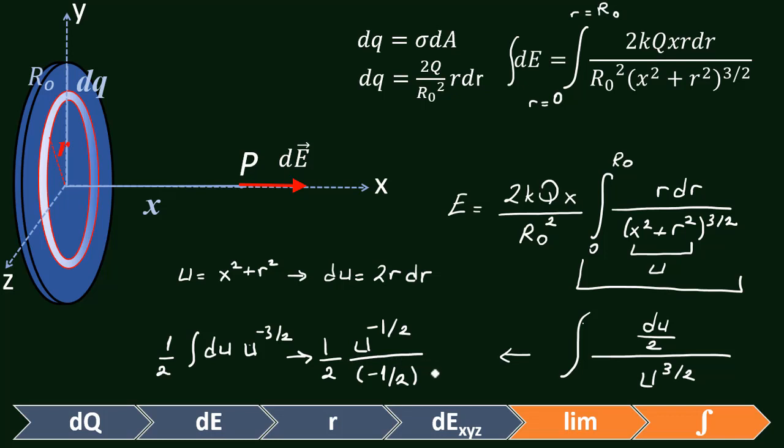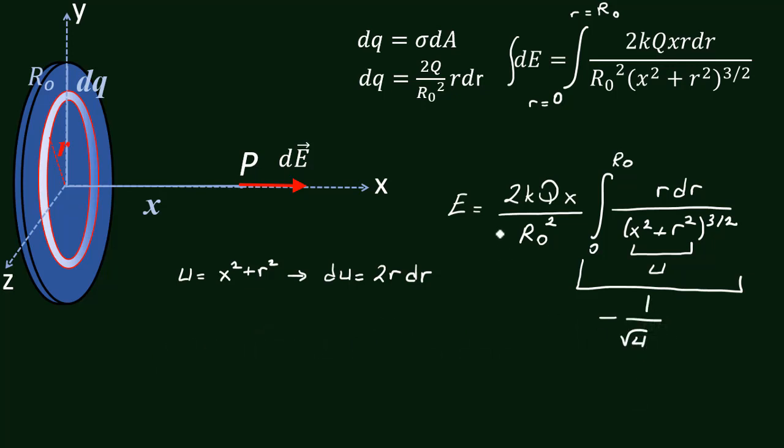Giving us an integral result that is 1 over square root of u with a negative sign.